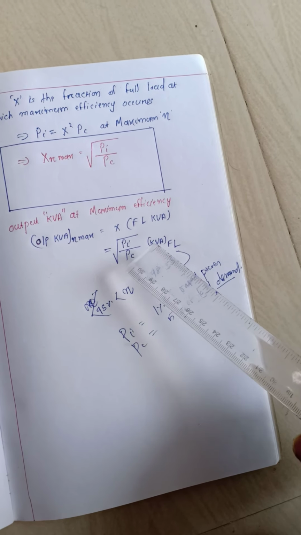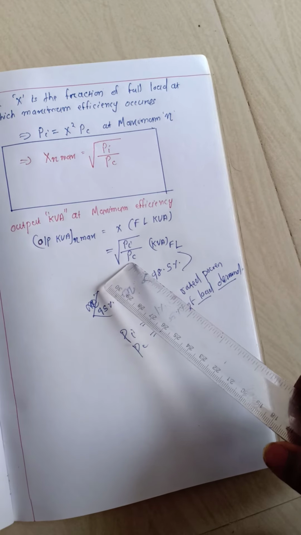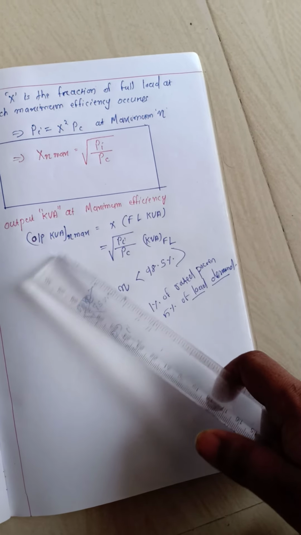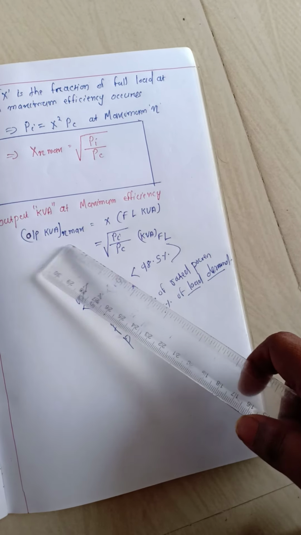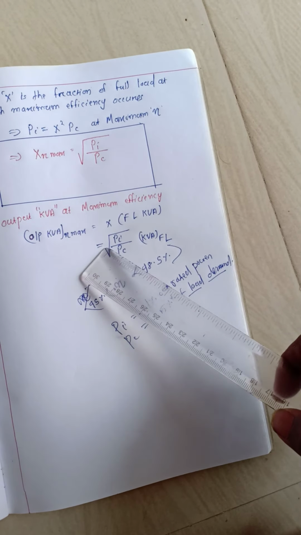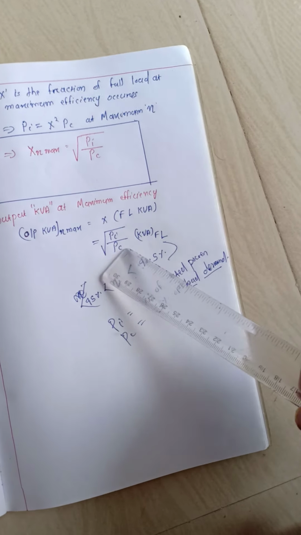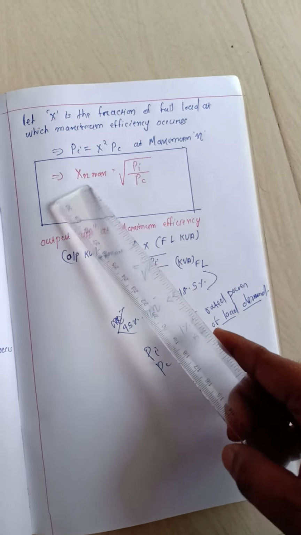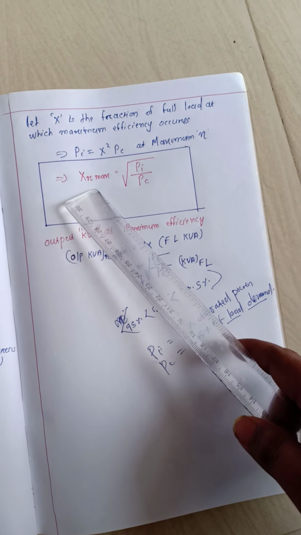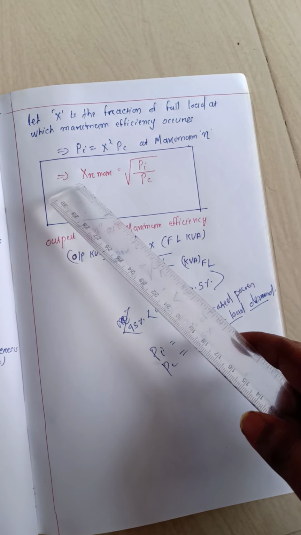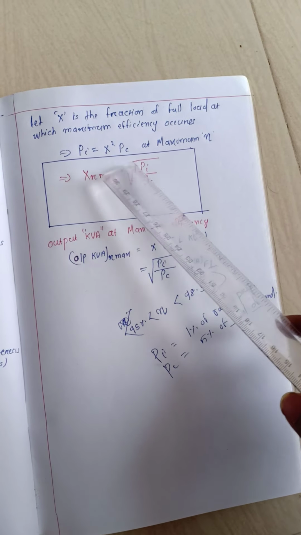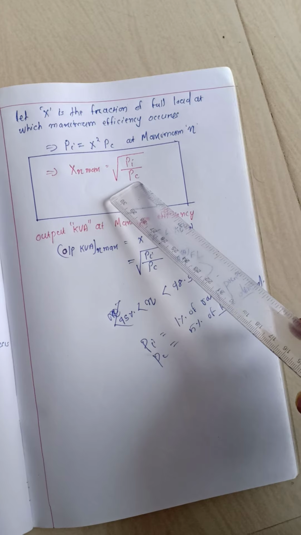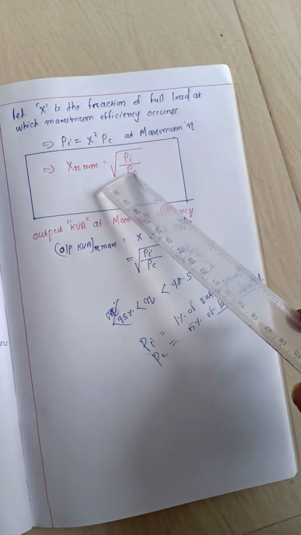If we have the rated kVA and we know the full load copper loss and iron loss, then the kVA at maximum efficiency is nothing but root over of Pi upon Pc into kVA at full load. The second equation gives the fraction of full load at which maximum efficiency occurs. The value is root over of iron loss upon copper loss at full load.